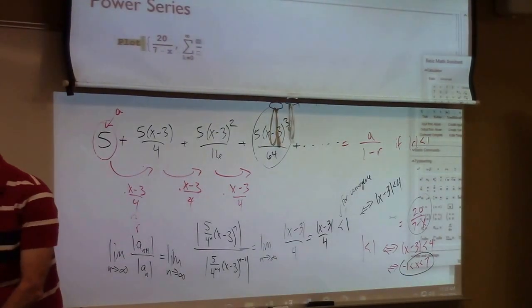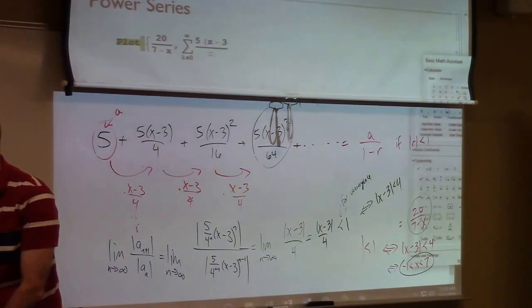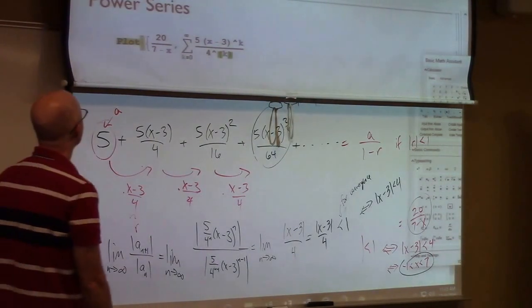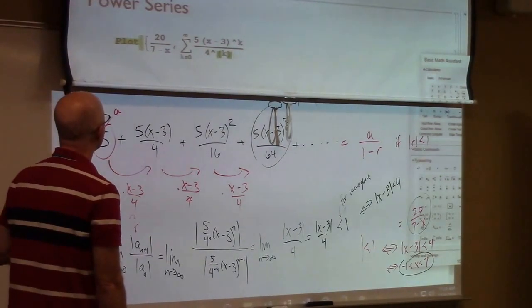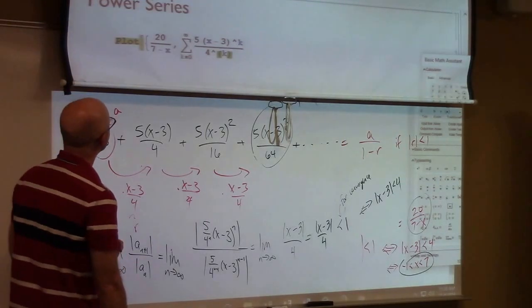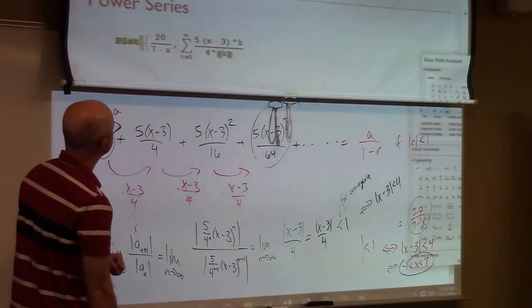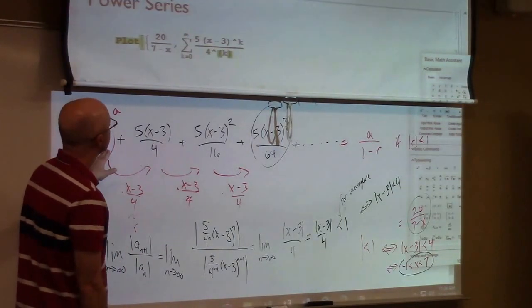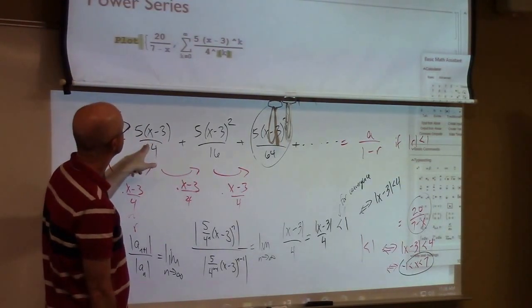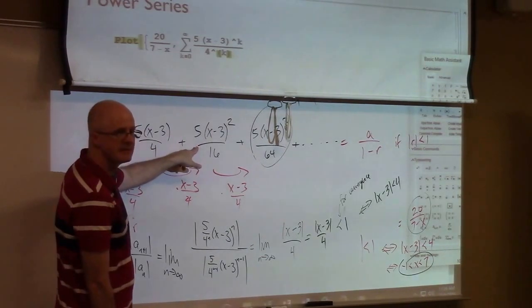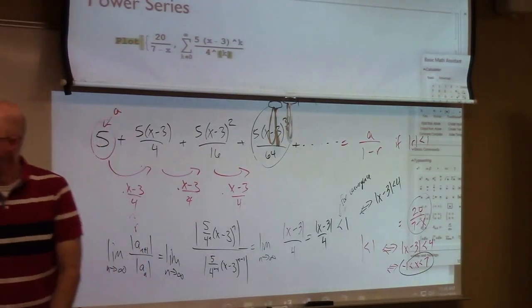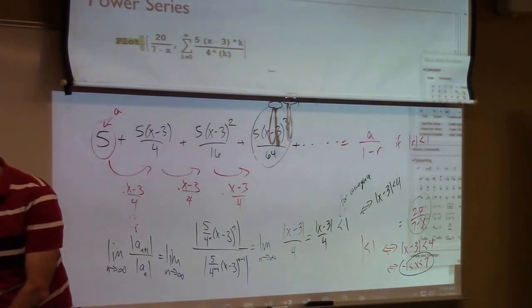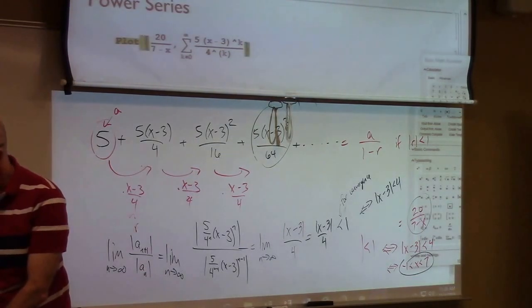I'm adding up fractions of the form 5 times x minus 3 to the k power over 4 to the k, and I'm starting at 0. The 0th powers are going to be 1. I'm just going to get a 5. When k is 1, I do get this. When k is 2, I do get this. That is the infinite series, it can be thought of as a function of x.